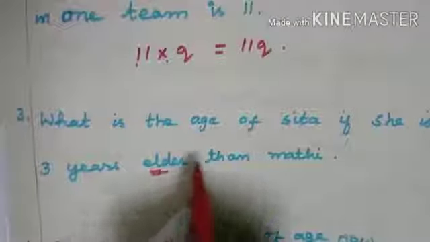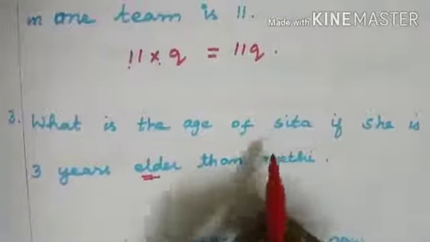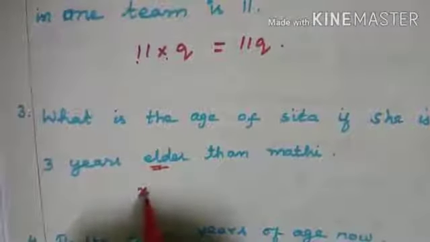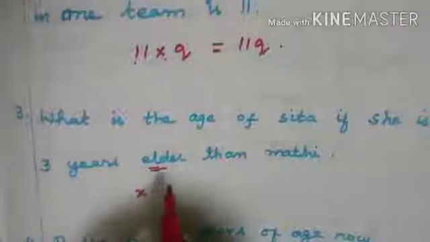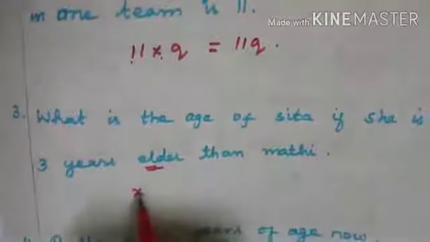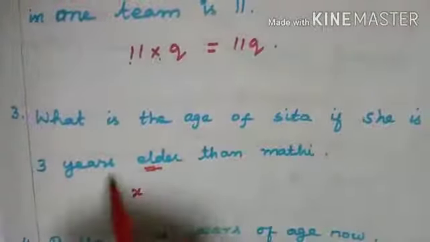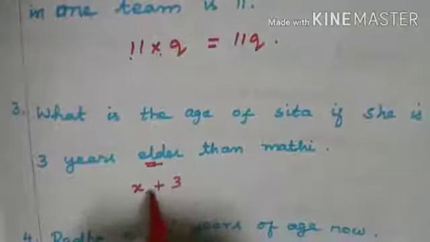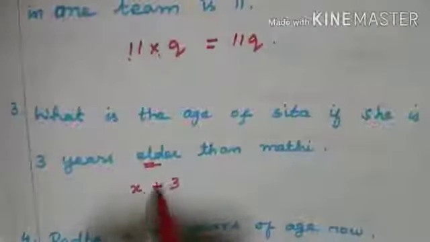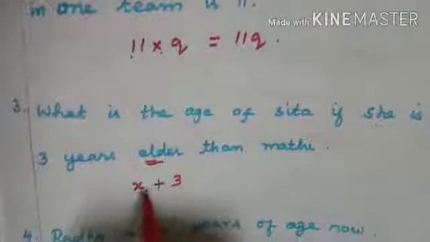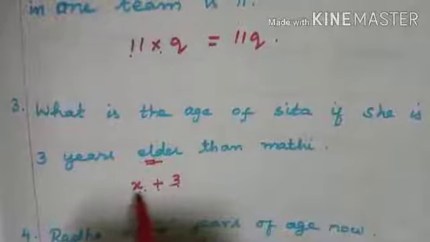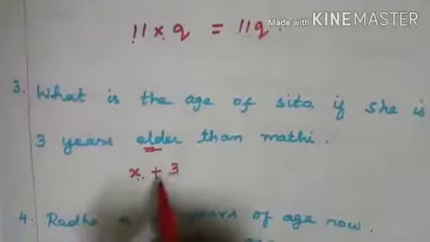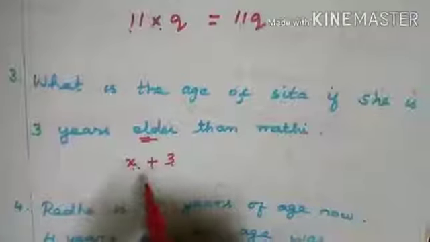We don't know the age of Sita, so I am taking a variable; we can take x or y or any alphabet. So the age of Sita, I am taking just x, and she is 3 years elder. Therefore, the age of Sita is x plus 3. You can take any alphabet.